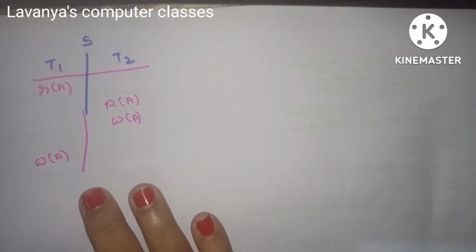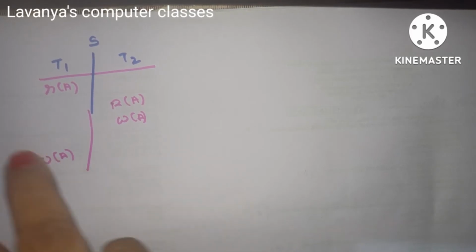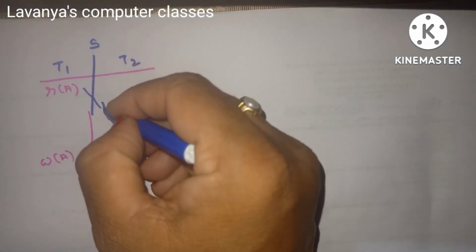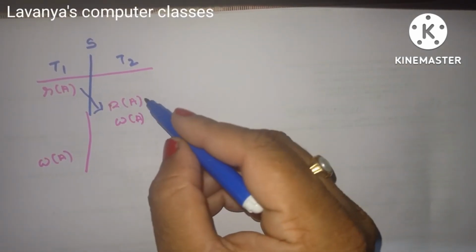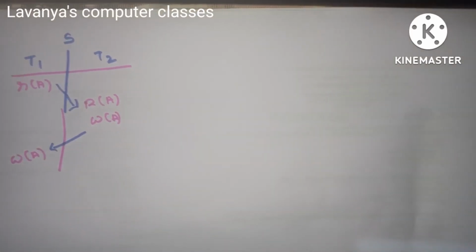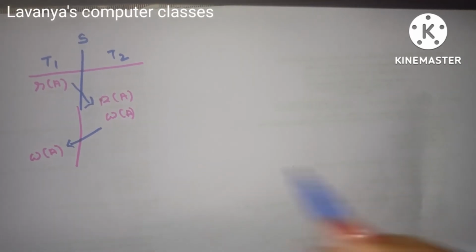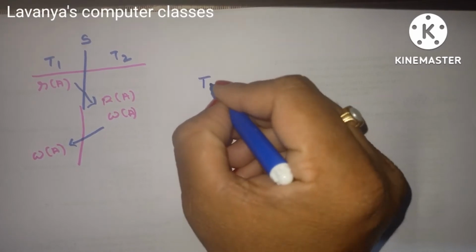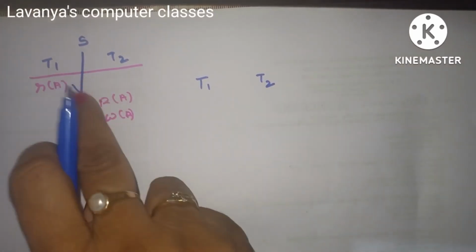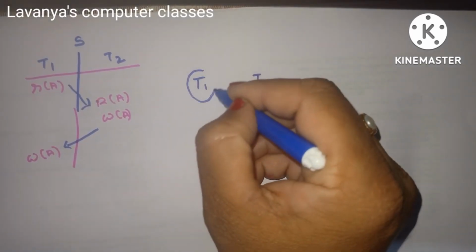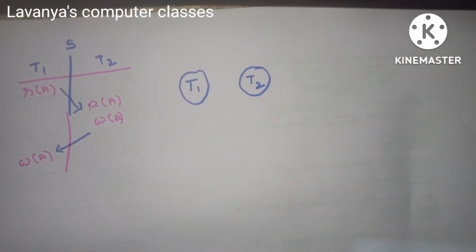It is an example of a non-serial schedule because first we start transaction T1, one operation is performed on T1, then we jump to T2. In T2, we apply two operations and again come back to T1. That means the transactions are executed in parallel, which is called non-serial scheduling. Now we draw the precedence graph. The number of nodes depends on the number of transactions, T1 and T2. Now we draw the edges.